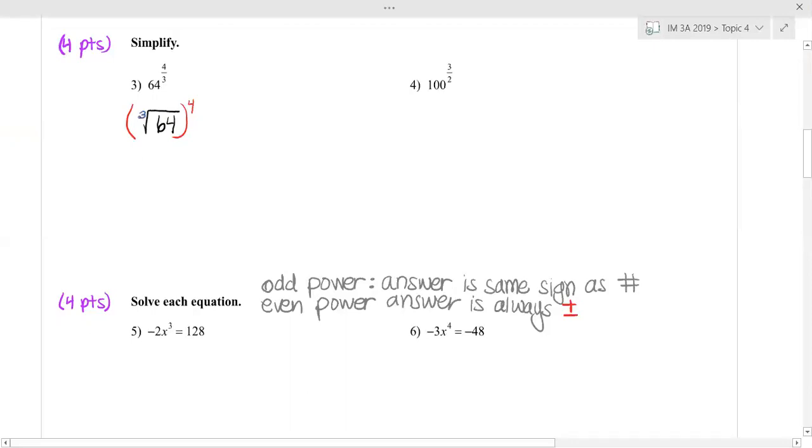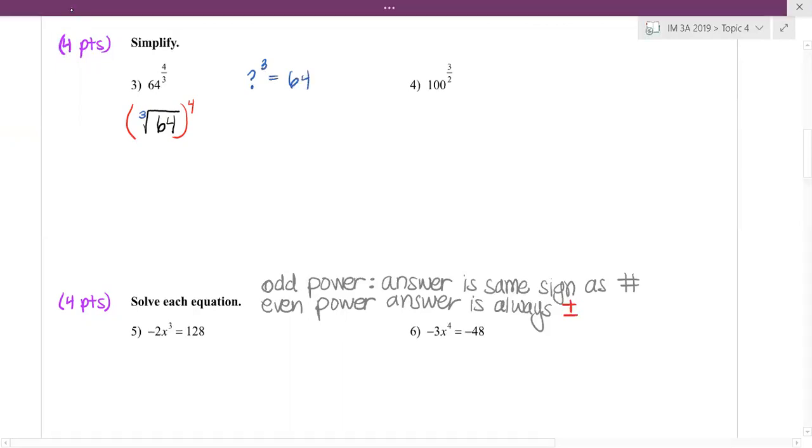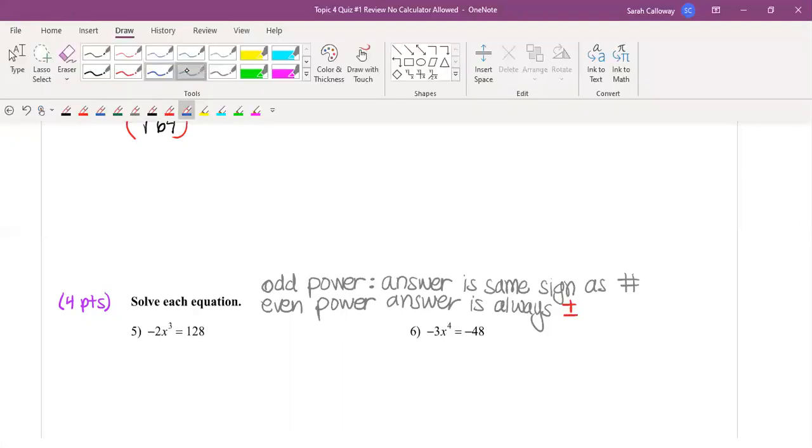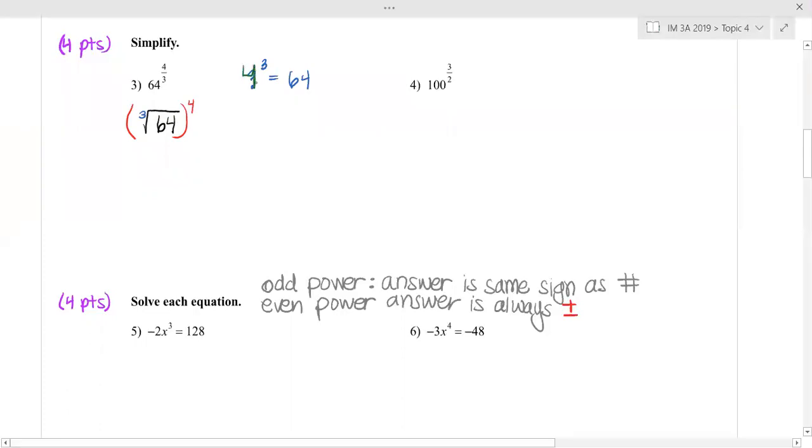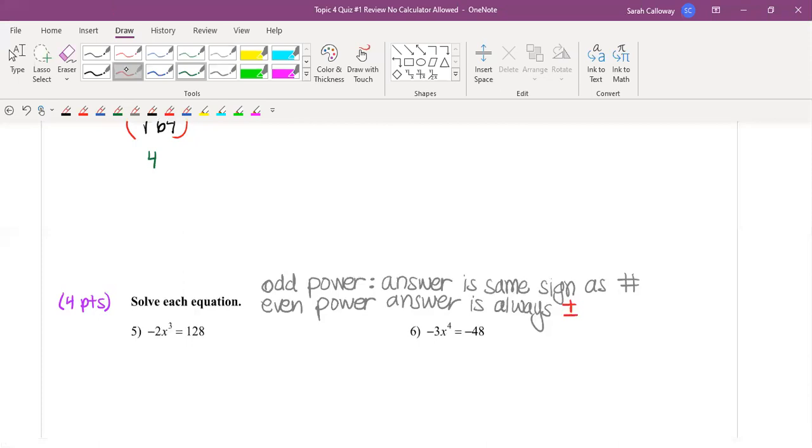And so if I have a cube root, I want to try to think about 64 as something to the 3rd power. Knowing that ahead of time makes the problem a little bit faster. Knowing that 4 to the 3rd power gives me 64 is a shorter way to get the answer.